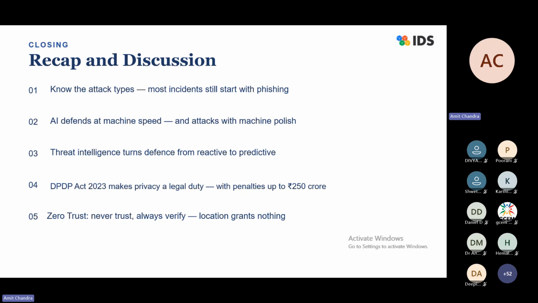The DPDPA Act is a law which is going to come into force. I have been to multiple platforms with my team and we have been discussing with government organizations, and they are saying that the date is not going to change. So this is the right time to work on this, and whatever support you require, we are going to provide.